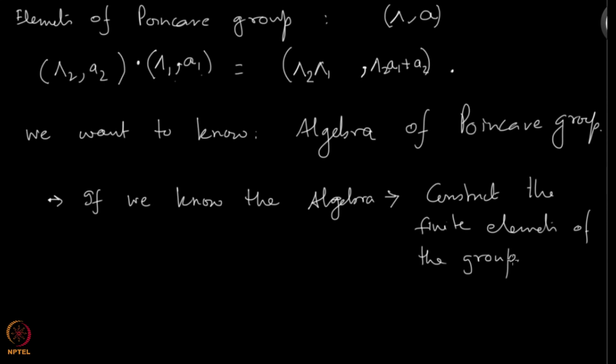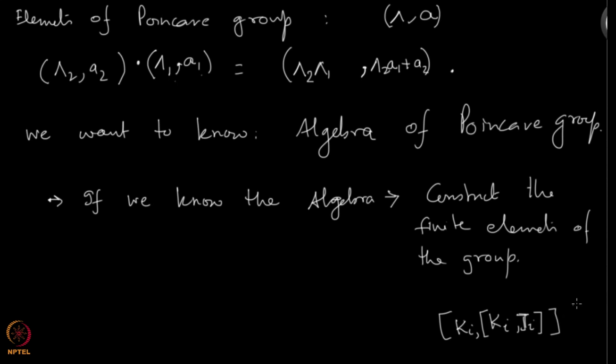So you do not have to know, for example, something like this, let us say K I, J I, and something here, let us say again K I. You do not need to know these kinds of objects. Just knowing the commutators is sufficient.